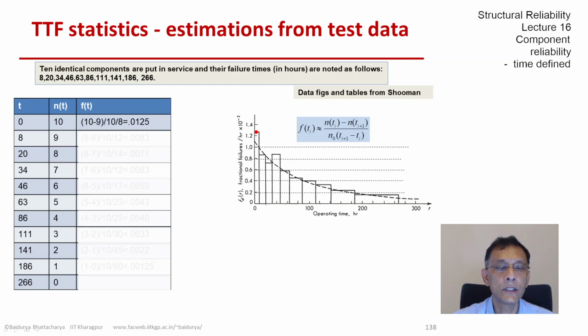So the first red point is for the interval 0 to 8, and we use the formula 10 minus 9 divided by 10, and the duration over which that happened, 8 hours. So that gives me 0.0125 per hour.